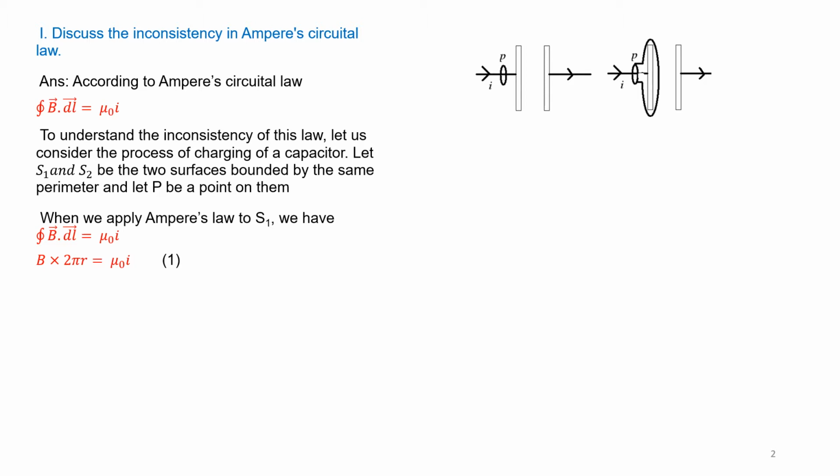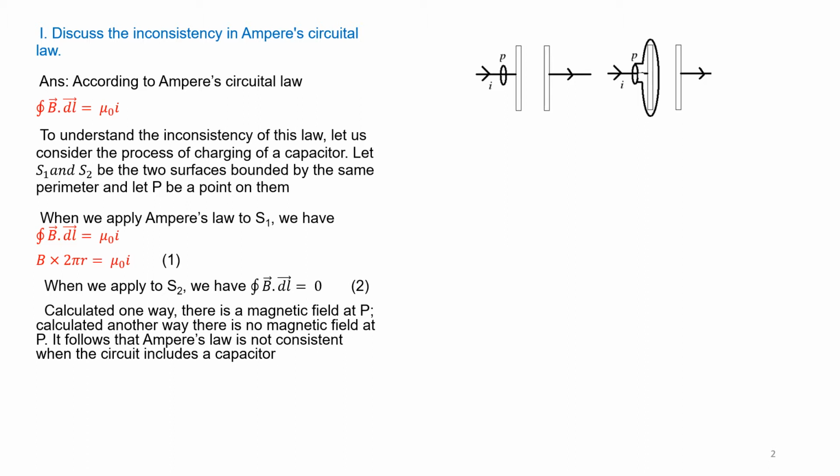So, B into dl is 2 pi r, that is equal to mu naught I. When we apply it to surface S2, we have B dot dl is equal to 0.